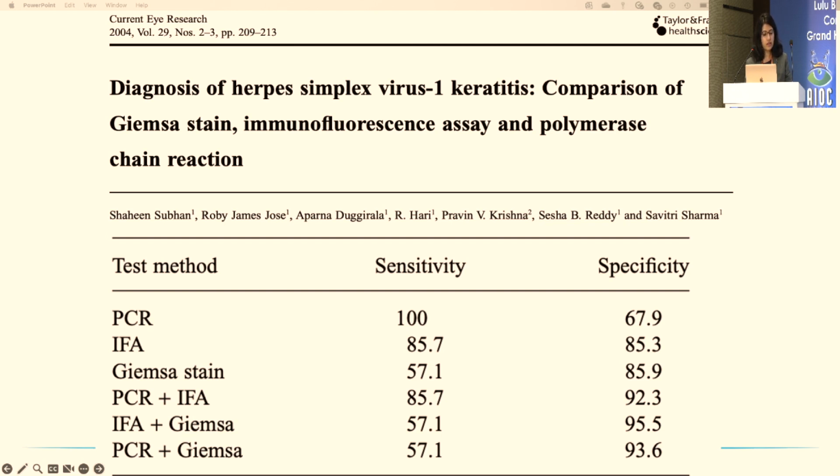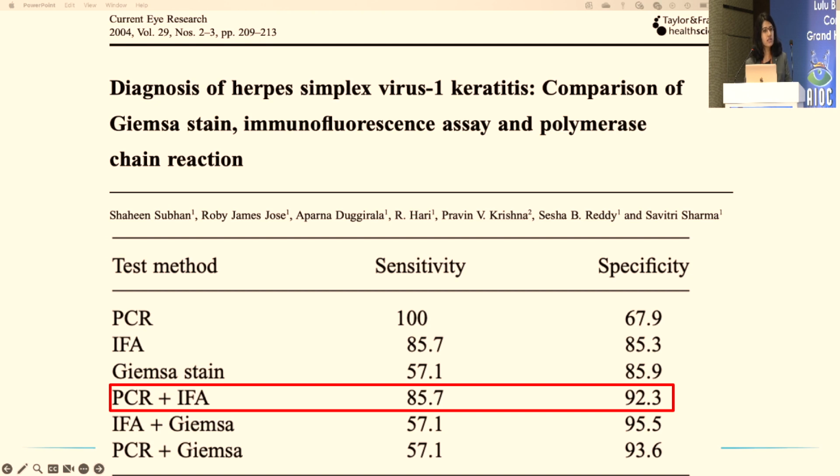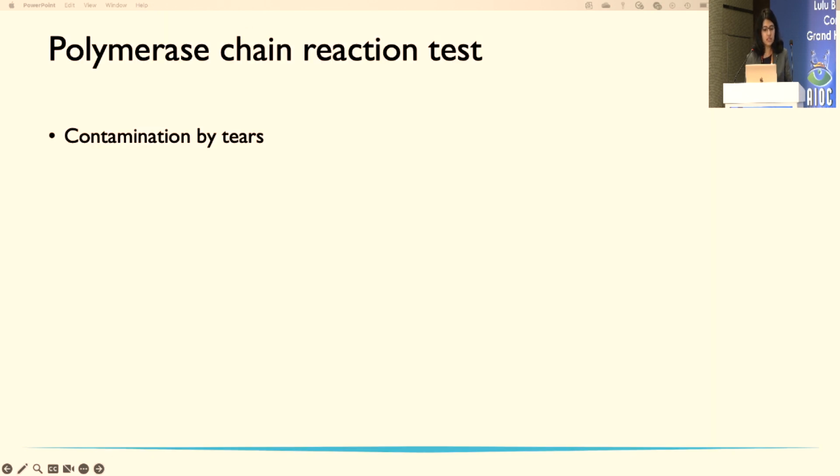And within these tests, the combination of PCR and IFA has the highest sensitivity and specificity for the diagnosis of HSV. IFA indicates the presence of the antigen and therefore it is diagnostic for an HSV infection, but this is not true for PCR. So even if you have an isolated PCR positivity, it does not indicate that the patient has an active infection, and this is because the HSV virus can be present in the tears of normal individuals.